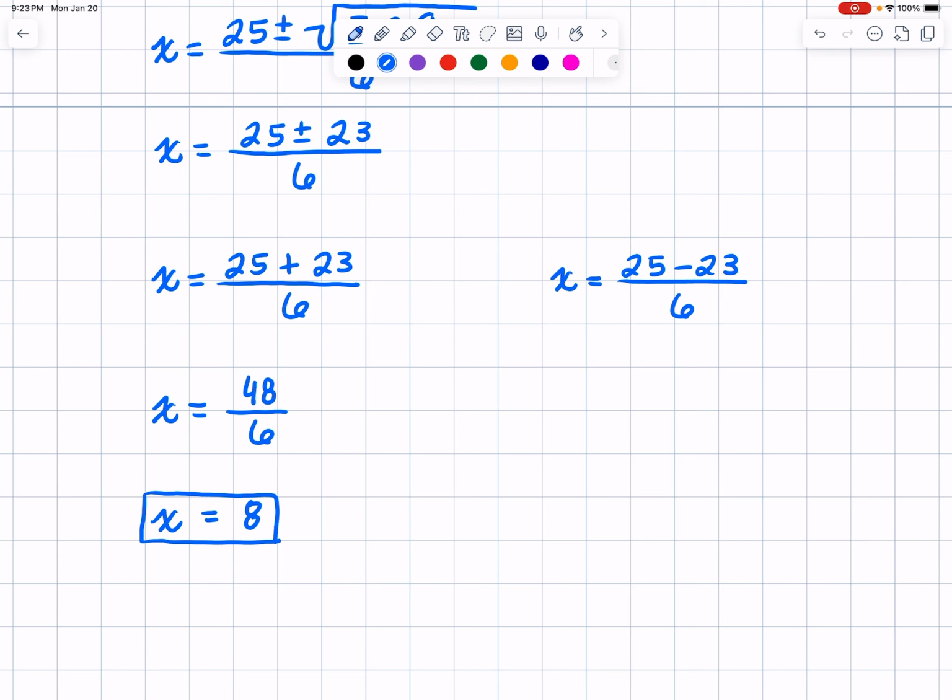Our second situation is 25 minus 23 over 6. So let's do 25 minus 23. So if I do that, I get x equals 2 over 6, and that reduces to x equals 1 over 3. So our answers using the quadratic equation for this are x equals 8 and x equals 1 over 3.